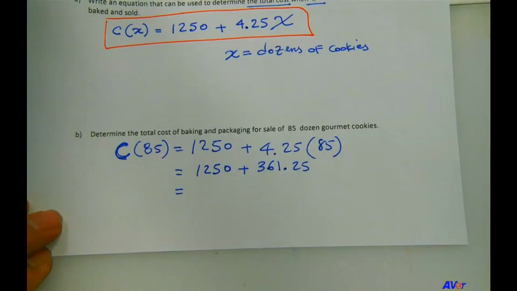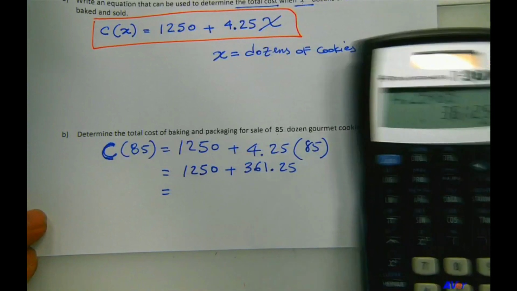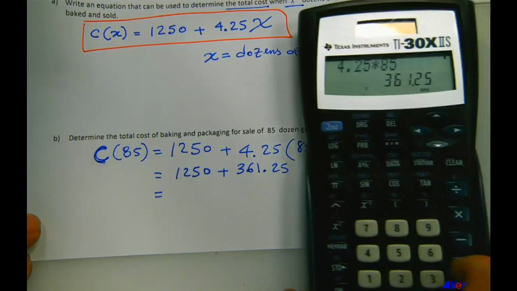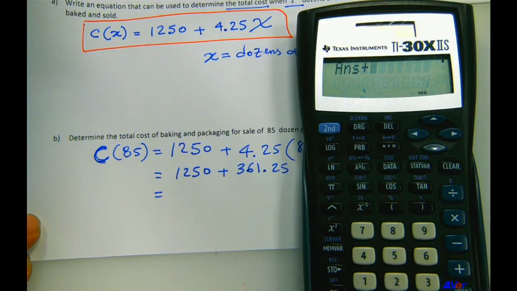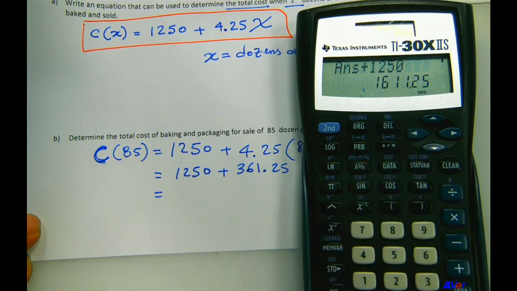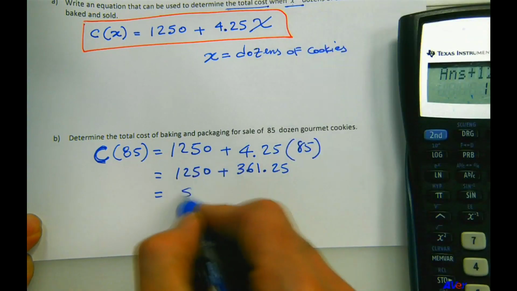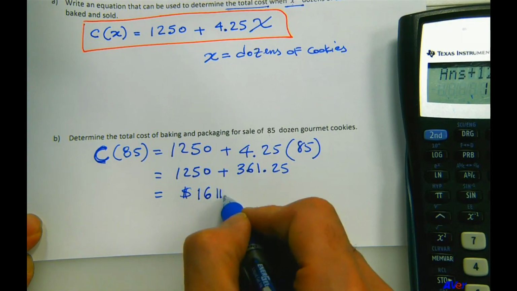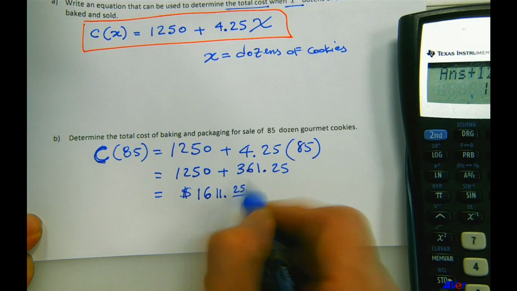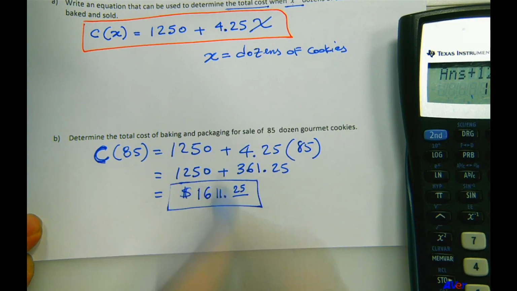So we're going to make that addition. 361.25 plus 1,250. So we have $1,611.25.